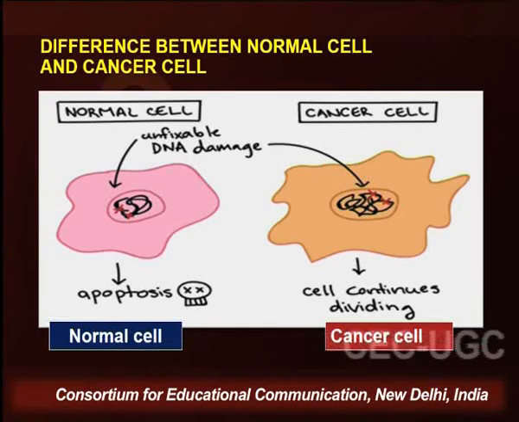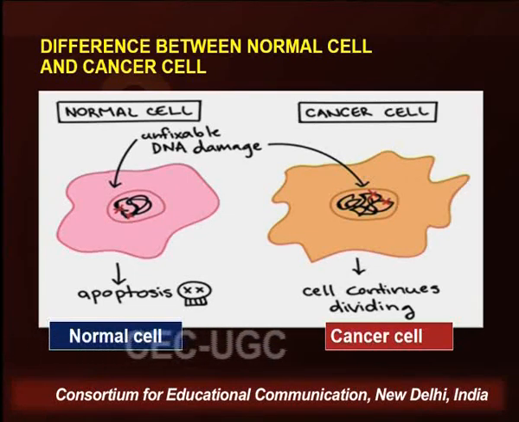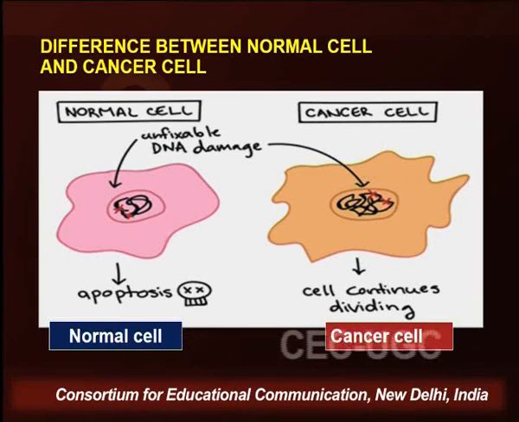This is a metabolic feature of a normal body which is called apoptosis, and which has been shown here, where you can see a normal cell with a regular boundary, a shape that is almost well defined, and after a certain stage this cell gets the signal from the body and it dies.